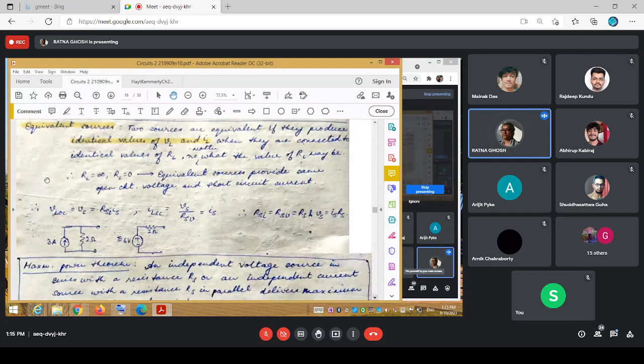Just going by the previous two relations for the two dual parts: from the voltage source, we got the open circuit voltage VLOC equal to the supply voltage itself. In the current source representation, it was IS into RS. For the short circuit current, this was nothing but the source current itself; in the voltage source part, it was the voltage source divided by the internal resistance RS.